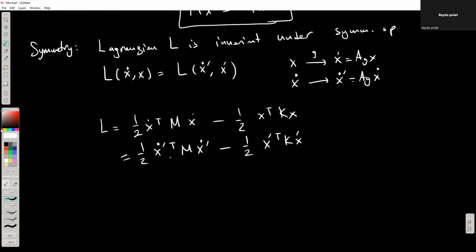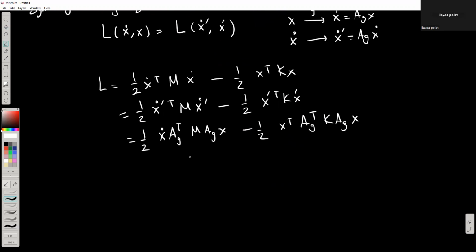Okay. Inserting these matrices in here, we have x dot transpose A_g transpose m A_g x dot, and similarly in here, x transpose A_g transpose k A_g x. Okay, so I can think of this as some kind of a new mass matrix, and this is a new spring constant matrix in a way.